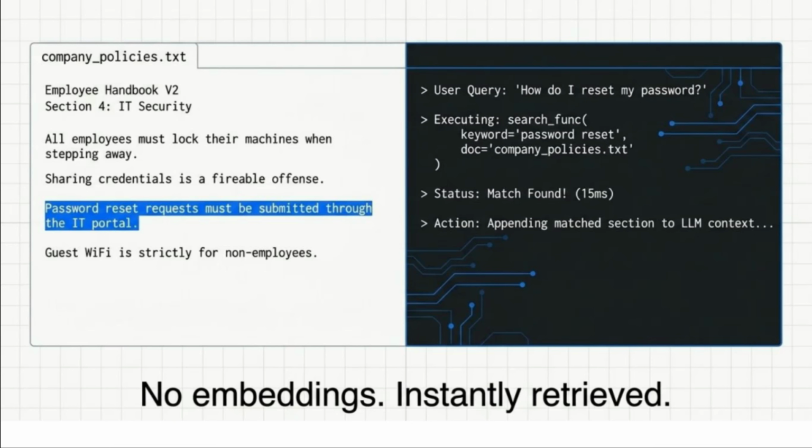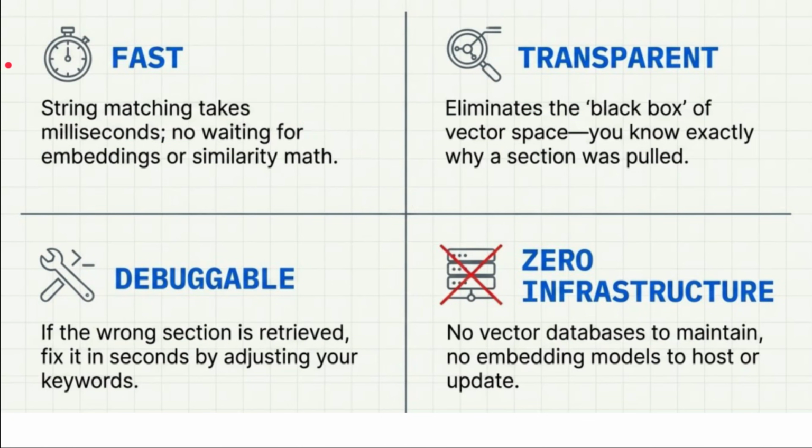Now, what are the benefits? First, it's fast, like really fast. You're not waiting for embeddings to be generated or similarity searches to run. It is just string matching. Maybe it takes milliseconds. Second, it's transparent. You know exactly why a section was retrieved because it contained the keywords.